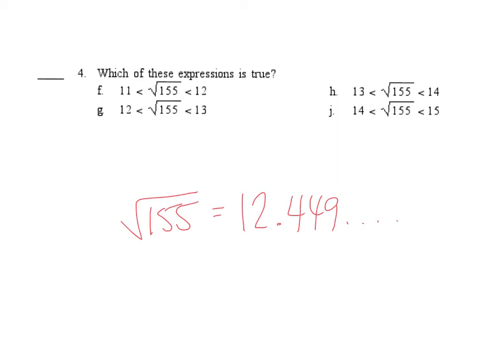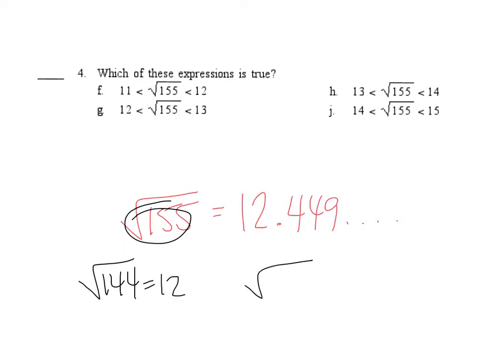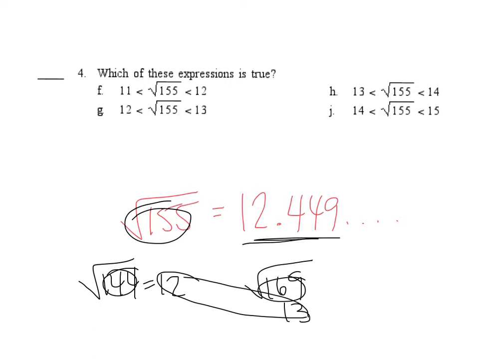We also could do this another way and say the square root of 155 is between the square root of 144, which would be 12, and the square root of 169, which is 13. It falls in between 12 and 13 because it falls in between 144 and 169. So this is going to go in between 12 and 13, so my answer would be G.